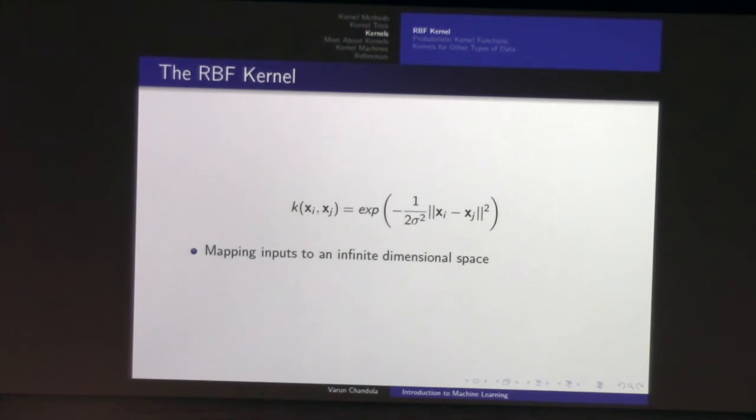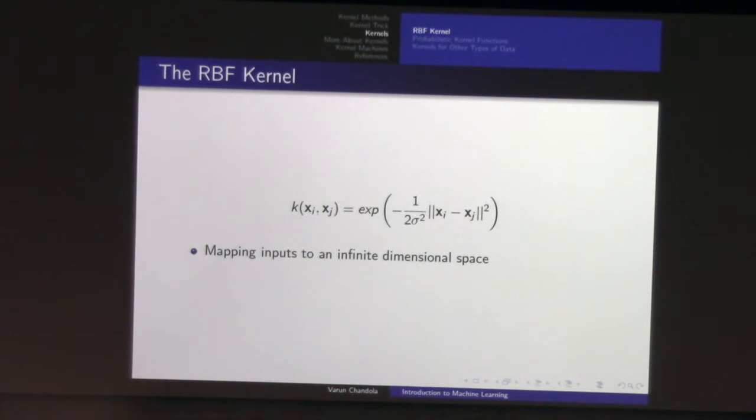With radial basis function, it so happens that you're projecting your data into an infinite dimensional space. Which sounds strange, but I'll show you why it is so. You can think of it that way, and that really helps. The idea is that you're trying to fit a line to points.